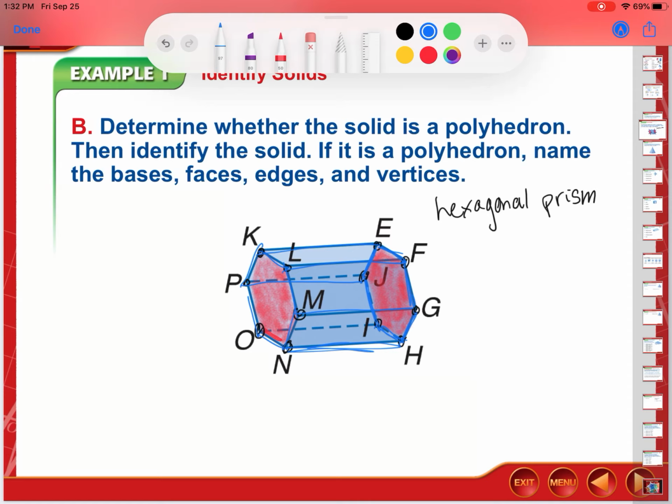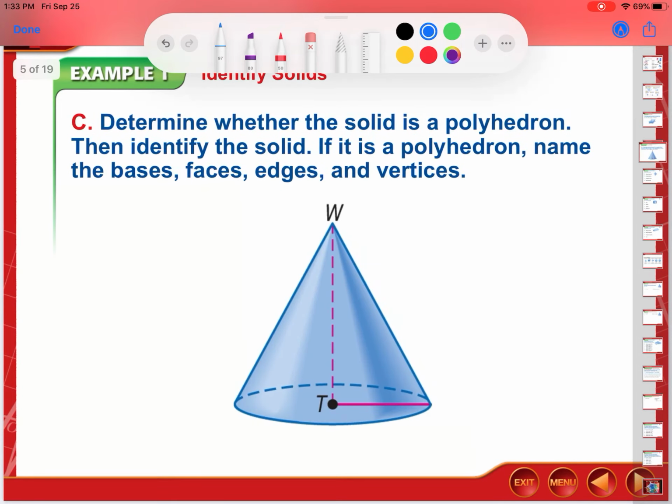And then all my faces are going to be like LMGF, KLFE, EKPJ, POIJ, OIHN, NMGH, and MLFG. Whew. A lot of faces, a lot of edges, a lot of vertices. Only 2 bases, but a lot of work.